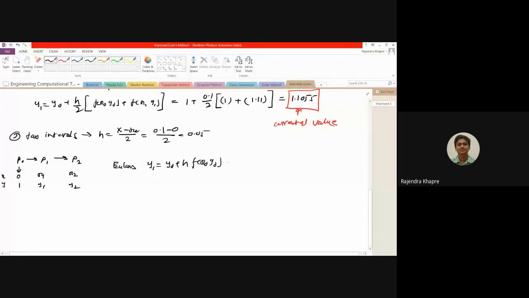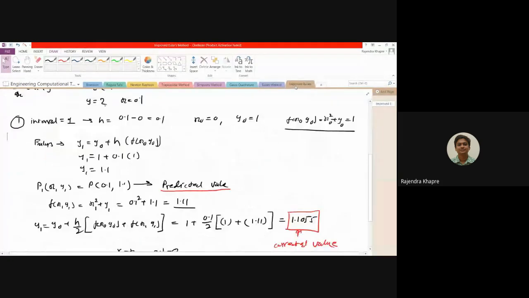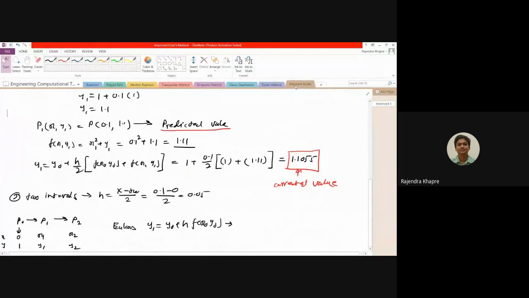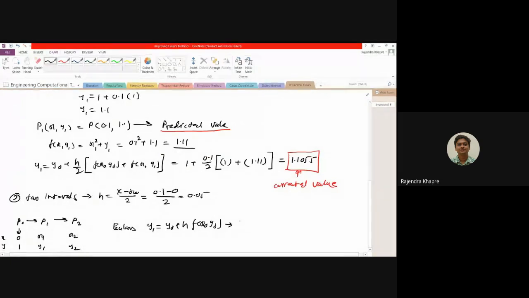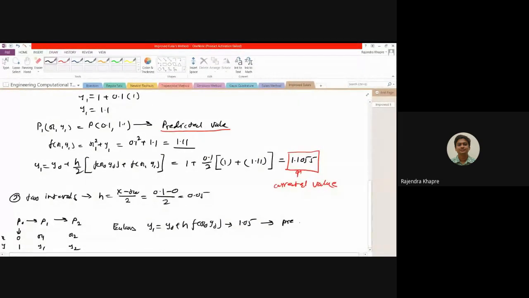This is using Euler's method. If you refer to the previous notes, the value of y1 when we used two intervals was 1.05. So I'm directly writing down this answer, 1.05. This is basically a predicted value.